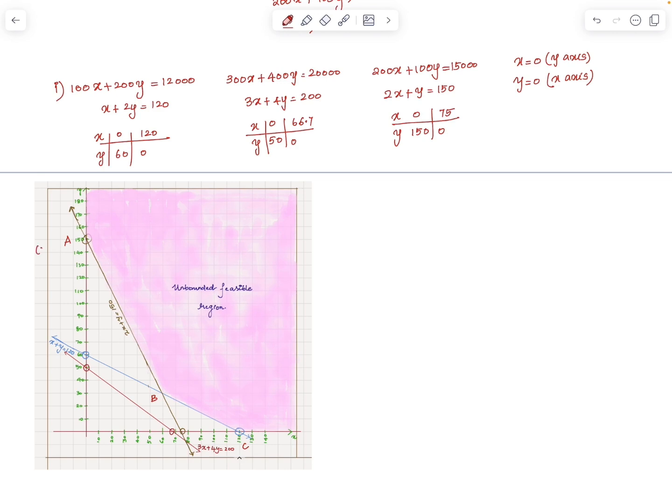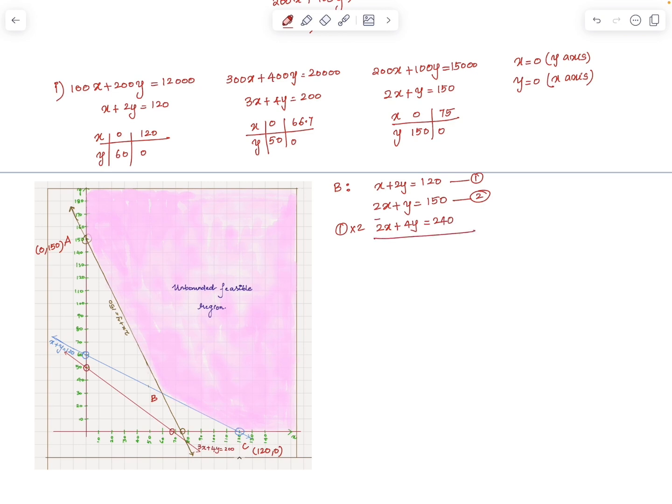The corner points are named as A. A is 0, 150. C is 120, 0. The point B is the intersection of two lines. One is X plus 2Y equal to 120, 2X plus Y equal to 150. Let's name this as equation 1 and equation 2. Multiplying the first equation by 2, we get 2X plus 4Y is equal to 240.